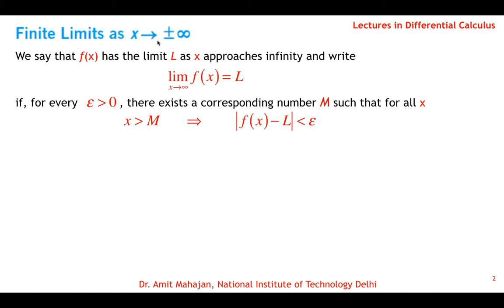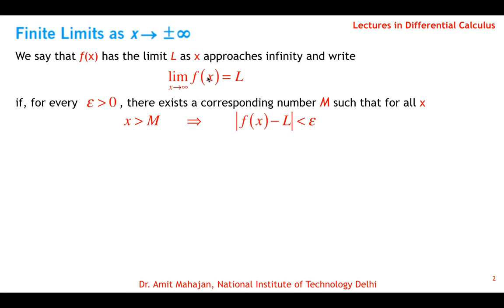When x goes to plus infinity, we say that f(x) has the limit L as x approaches infinity, and write limit x tends to infinity of the function equals L, if for every epsilon positive there exists a corresponding number M such that for all x greater than M, the function's distance from L is less than epsilon.